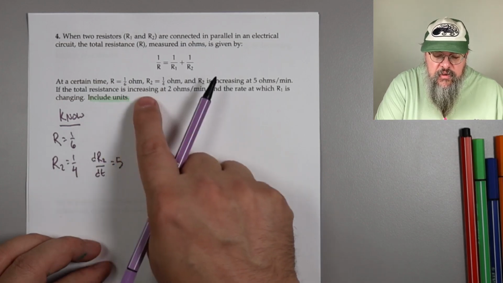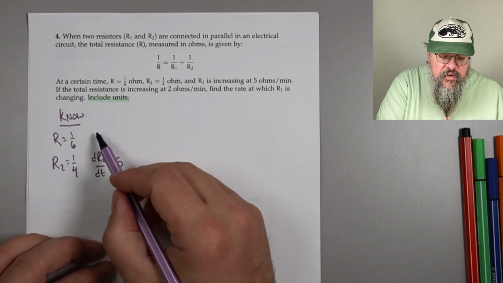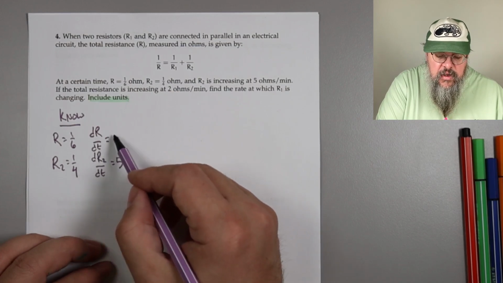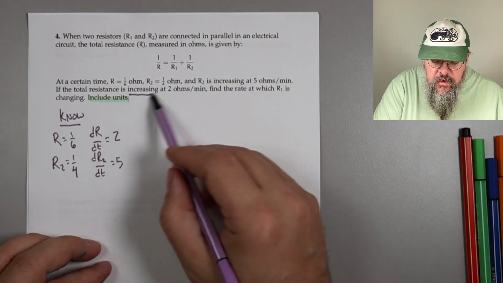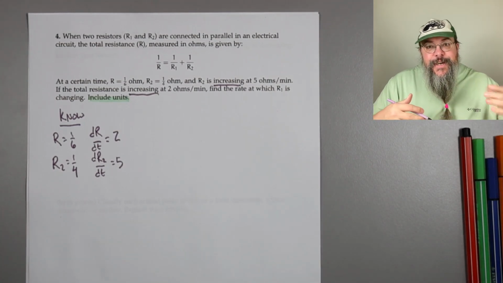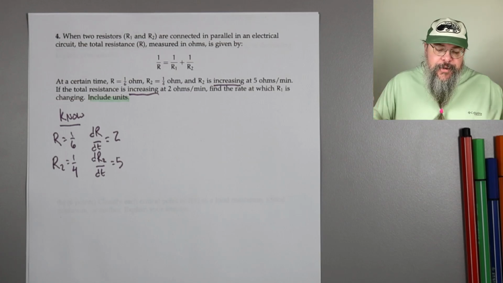The total resistance is going up at 2 ohms per minute. So total resistance, that's your R. So dR/dt is 2. And increasing means that it's positive. Now if it said it's decreasing, make sure you put that negative sign in. But we're positive. Okay, we're optimists here.